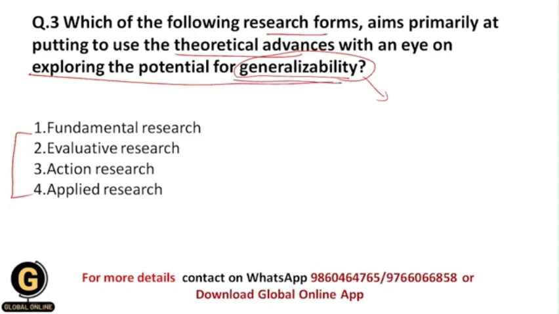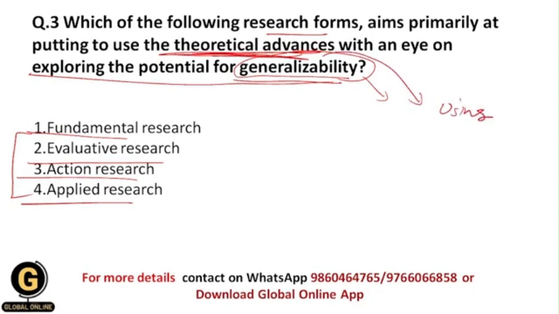So basically, what is that research? Whether it is fundamental research, evaluative research, action research, or applied research. Students, here basically we are using the theoretical advances, and the meaning of this is that we are using the different laws or principles. So in other words, we are applying the different laws and principles to our problems, and by using such laws and principles we are going to solve the problems and we will get the solution.